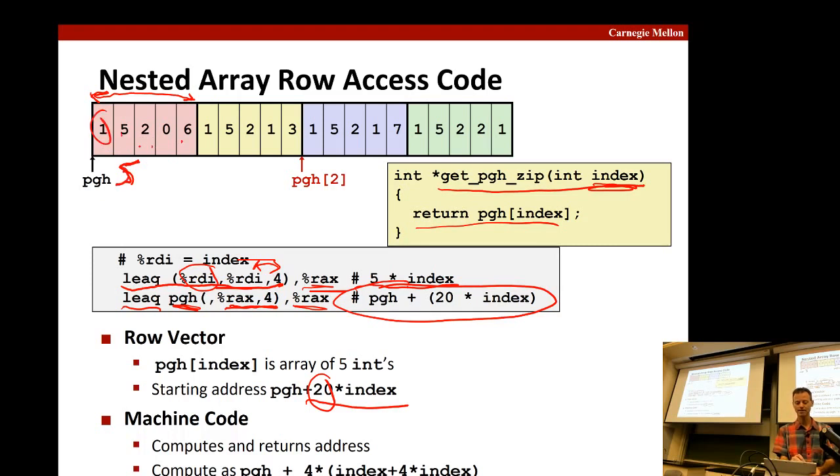And each element is a 4-byte integer. So 5 times 4 is 20. So this location here is going to be PGH plus 20, this location here is PGH plus 40, and so forth. Okay? All right, good.